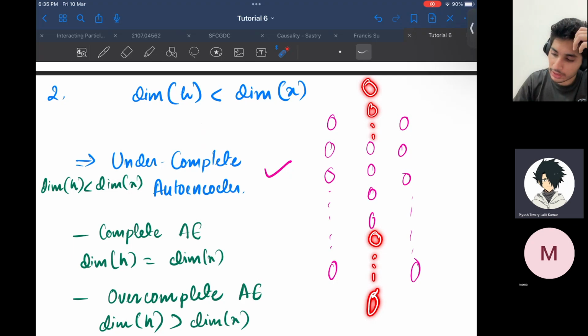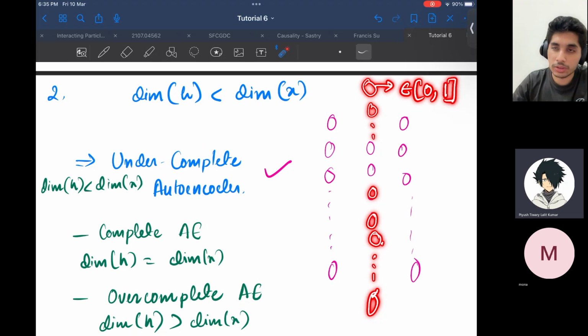But it says that though my dimension is big, I won't allow each of these activations to be greater than one or less than zero. So each activation would be between 0 and 1. In some sense, it is adding a constraint to the representation that you are learning. However, note that it need not be between 0 and 1, right? Why should it be?